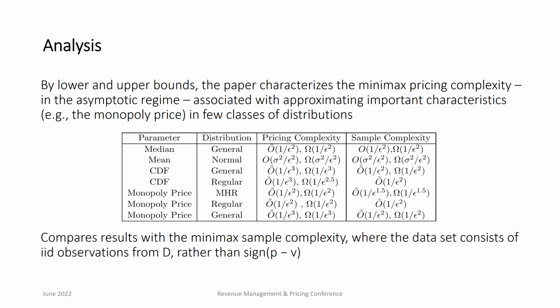In terms of analysis, by providing lower and upper bounds, the paper characterized the minimax pricing queries complexity in the asymptotic regime associated with approximating important characteristics, including the monopoly price, and a few classes of distribution. This is the table that also Yifeng showed you earlier. And then compare that with the minimax sample complexity, where data is consisting of IID observations from a distribution D.